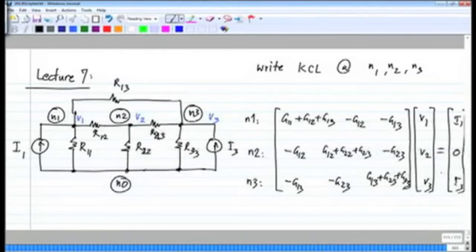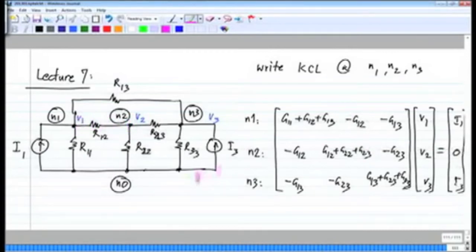By solving this we get the node voltages, and this is what is termed as nodal analysis. Now the circuit is not solved completely, but once you know all the node voltages, you know all the branch voltages. The branch voltages will be either the node voltage itself, for instance for this branch and this branch, the branch voltage equals V1, and if you take this branch for instance R12, the branch voltage is V1 minus V2.